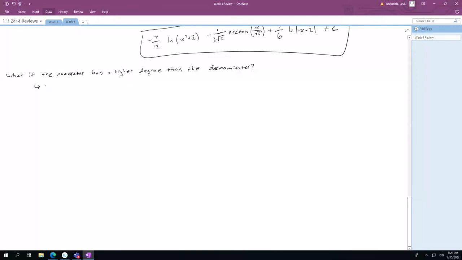Well, in this case, we basically always want to do polynomial long division. Because a lot of our integral techniques work for functions that are bottom heavy.